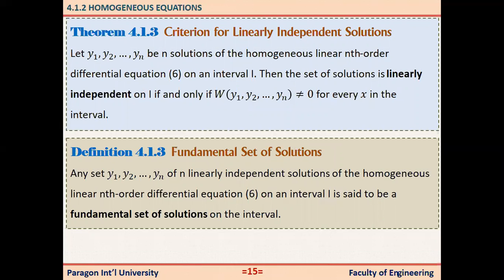Theorem: criterion for linearly independent solutions. Let y sub 1, y sub 2, ..., y sub n, n functions, be n solutions of the homogeneous linear nth order differential equation 6 on the interval I. Then the set of solutions is linearly independent on I if and only if the Wronskian determinant is not equal to 0 for every x in the interval.